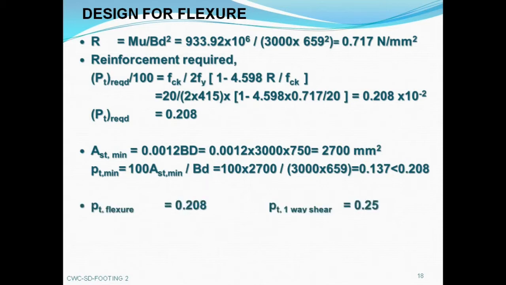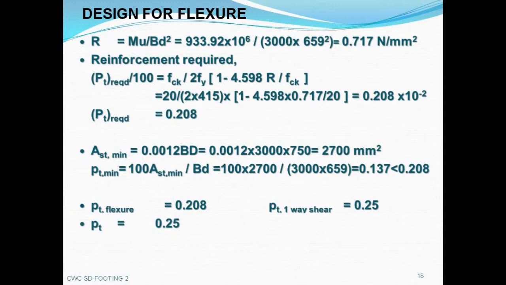So PT from flexural consideration is 0.208 and from one-way shear consideration is 0.25, which we assumed while doing the one-way shear calculation. So we can consider the greater one here. So PT is equal to 0.25, since there is not much difference.